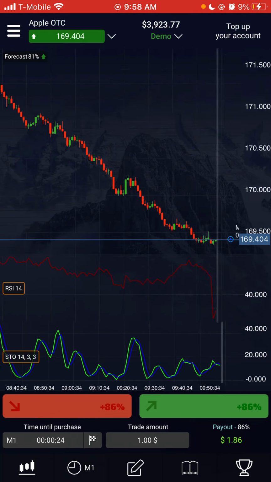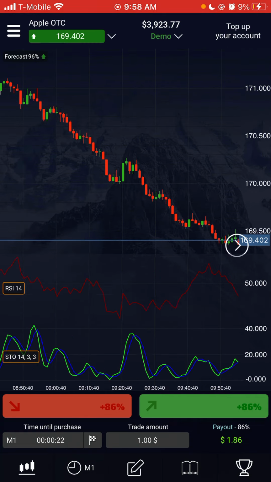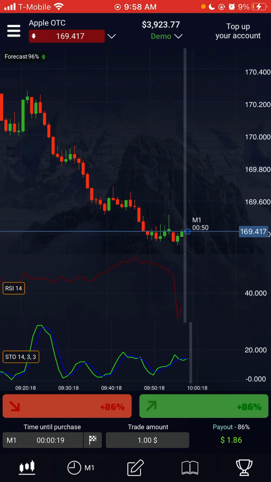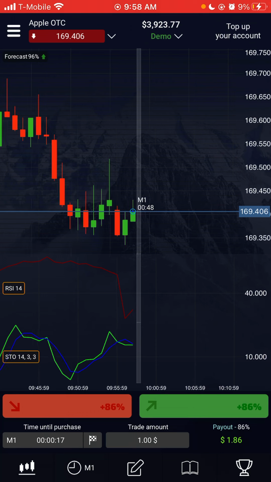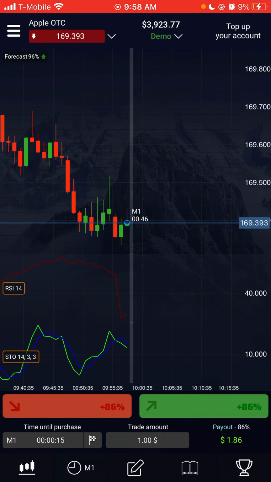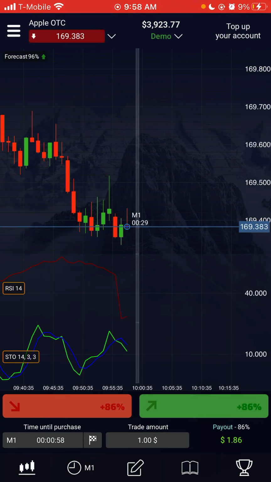We will do the 1 minute time frame. So all you're really looking for with this particular strategy is the two stochastic lines to cross in the direction that you're looking to trade, as well as the RSI line to be crossing in the direction that you're looking to trade. So here's what I mean by that.